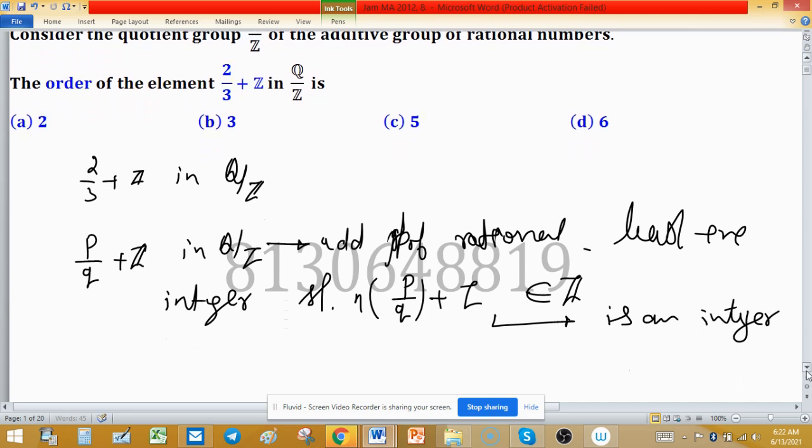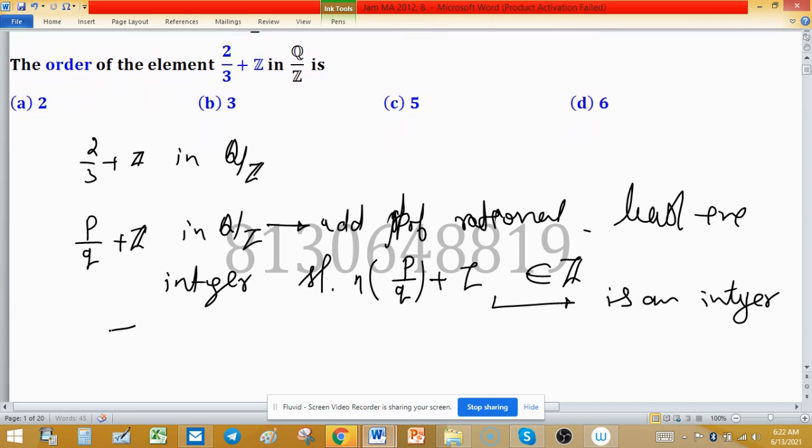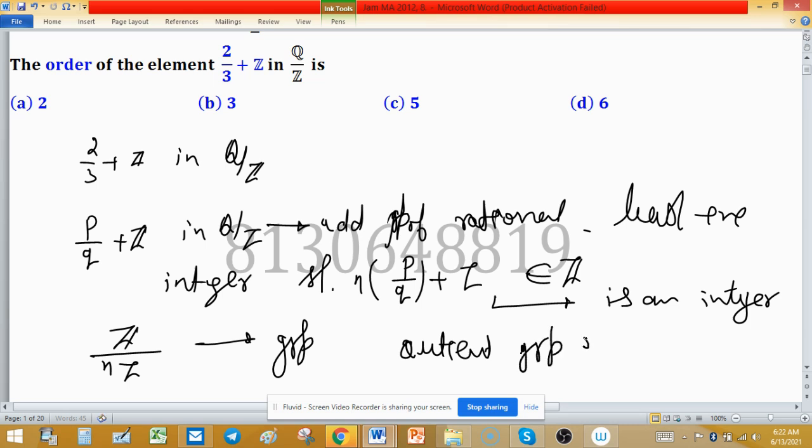The second thing we have to recall is Z over nZ. This is also a group, and normally we know that a quotient group of a cyclic group is cyclic.